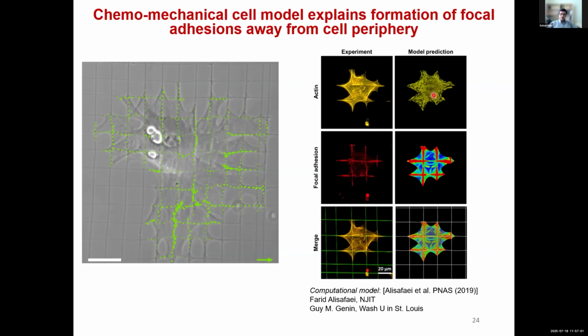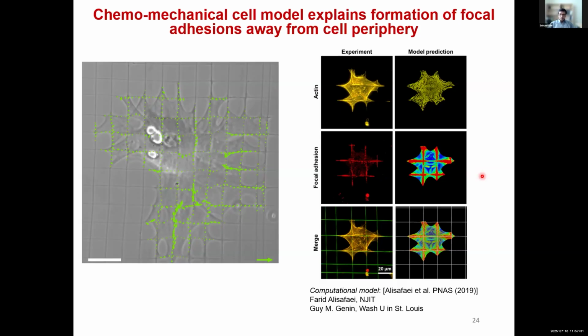And the chemomechanical cell model, which essentially models the contractile cytoskeleton of the cell, and focal adhesions formed, or those focal adhesions that mature as a part of the model, shows that indeed on fiber networks, the focal adhesions appear throughout the cell, unlike on a 2D substrate.